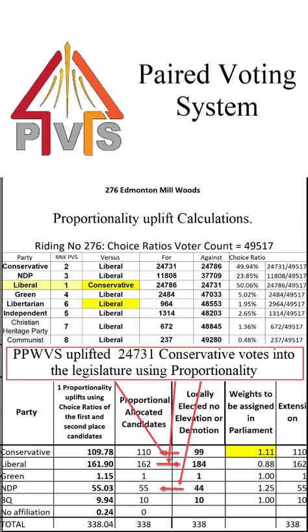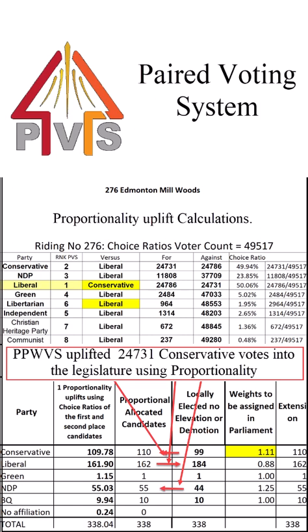The Liberals had less support from the electorate than the number of elected representatives would suggest. PPWVS reduced their RNK weight from 184 to 162. The Green Party and the BQ Party were fairly represented in that the elected count and the choice ratio count were the same.